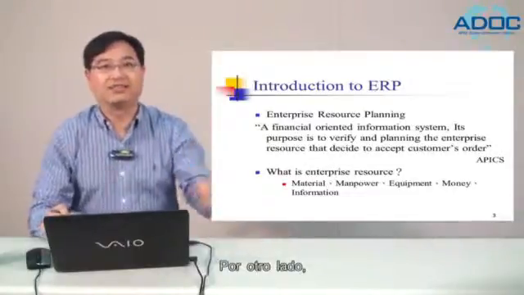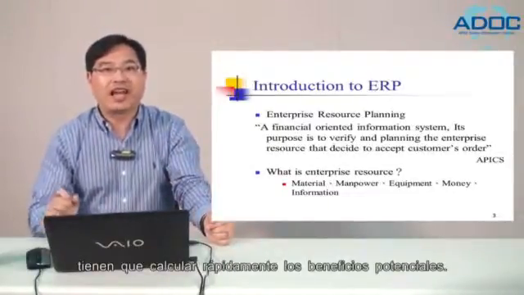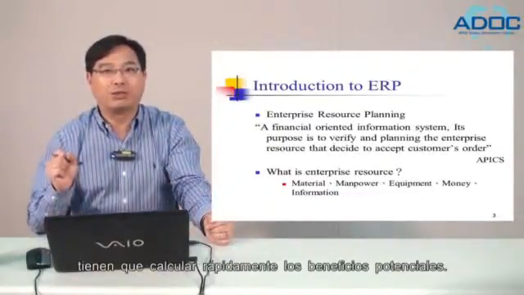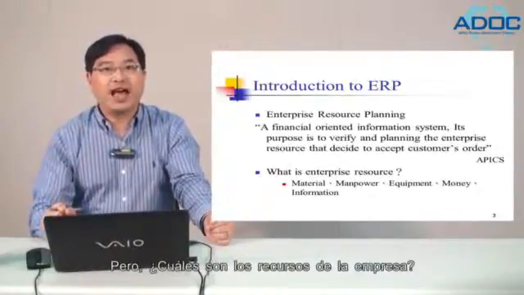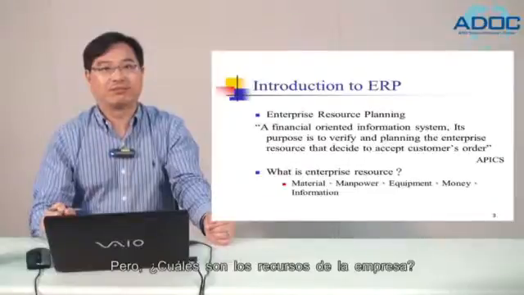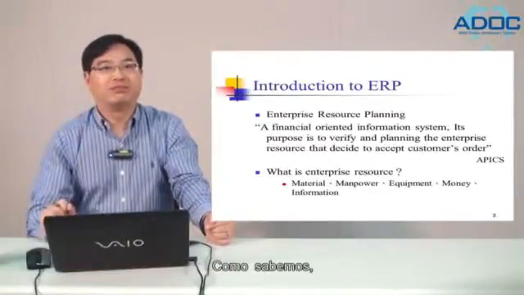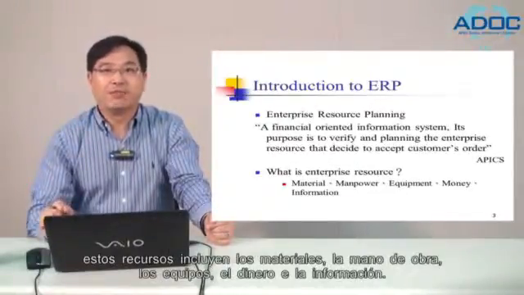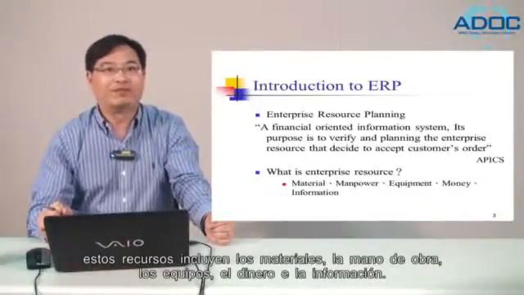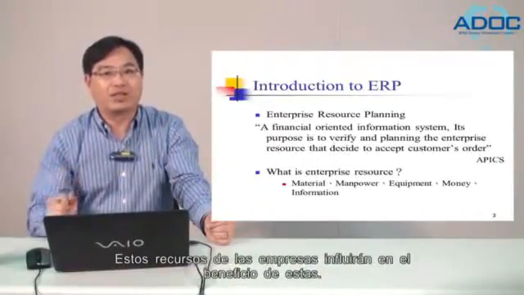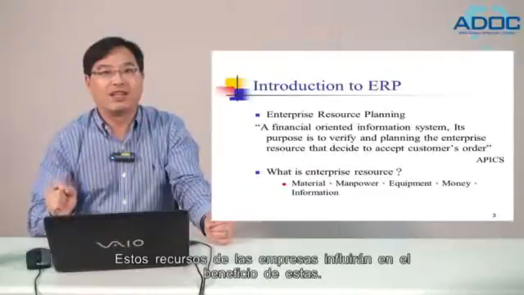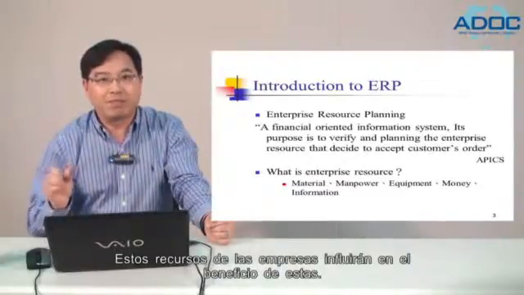On the other hand, they have to quickly calculate the potential profits. But what is enterprise resource? As we know, it includes material, manpower, equipment, money, and information. These enterprise resources will influence the profit of this business.